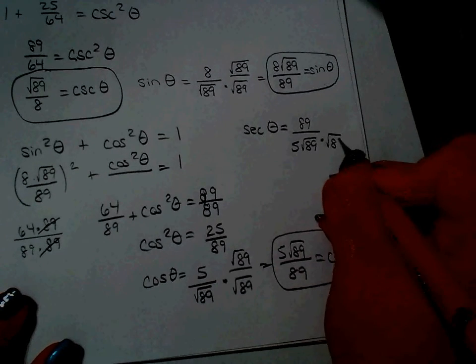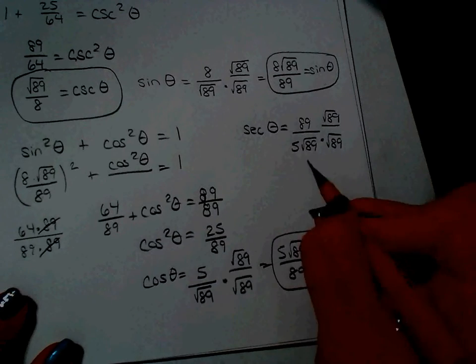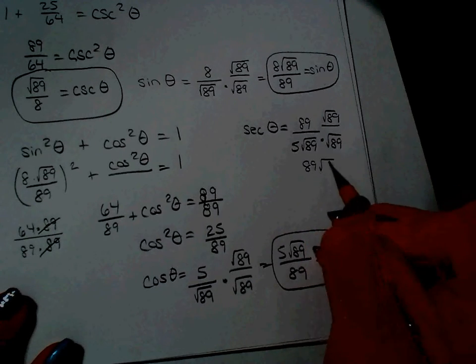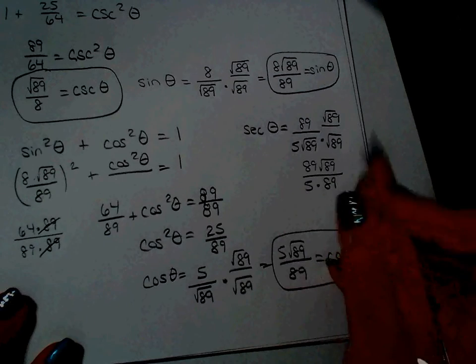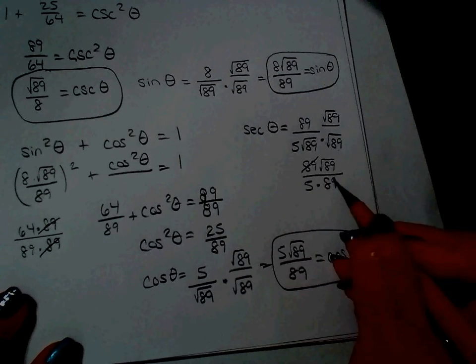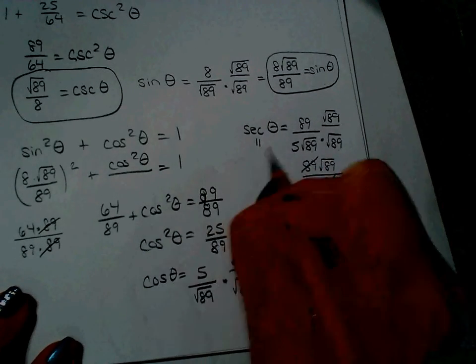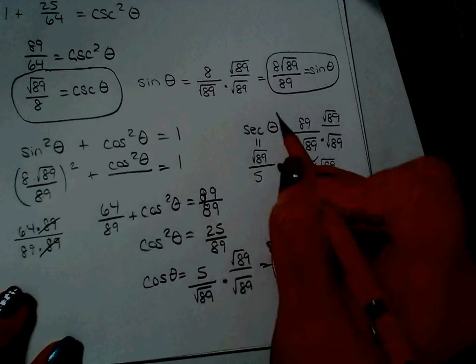I'm going to fancy 1 it. And now I'm going to have 89 times the square root of 89 over 5 times 89, because the square root of 89 times the square root of 89 is 89. The 89s are going to cancel, and I'm going to get secant theta equals the square root of 89 over 5.